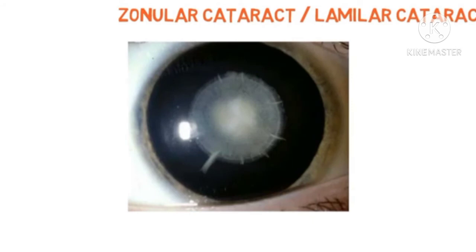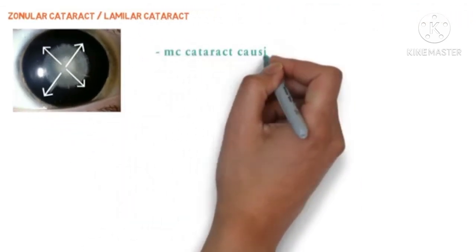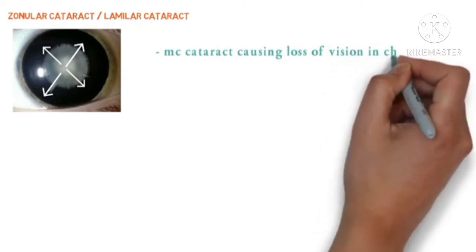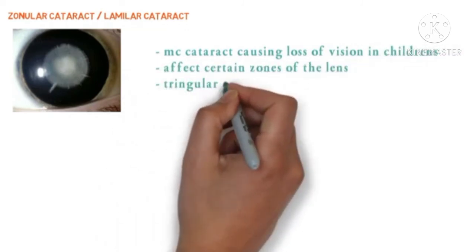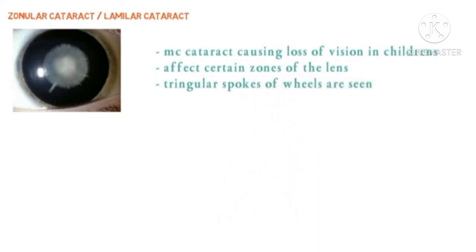Look over here. Here the cataract occurs in a specific zone, right? That's why it is called zonular cataract. And this looks like spokes. That is, small linear opacities like spokes of a wheel can be seen, and it is the most common type of congenital cataract presenting with visual impairment.